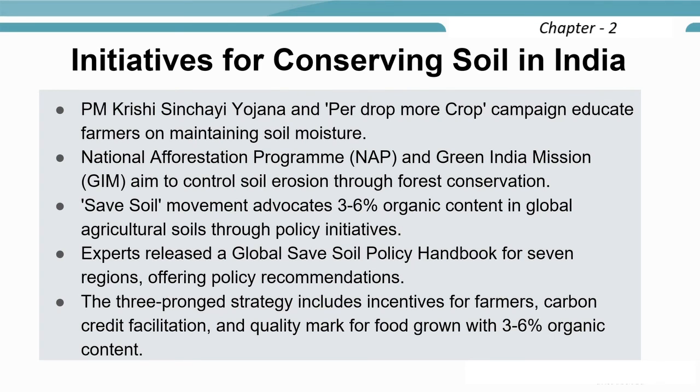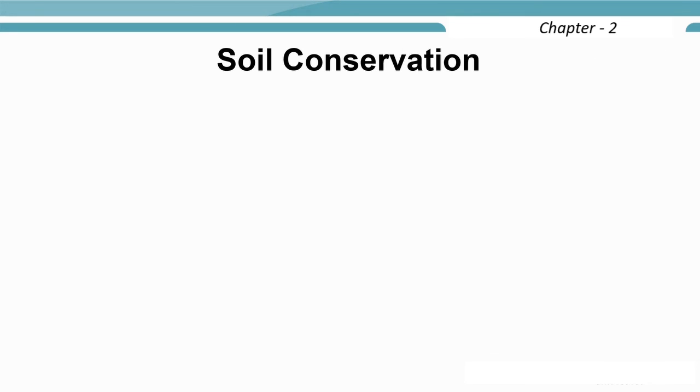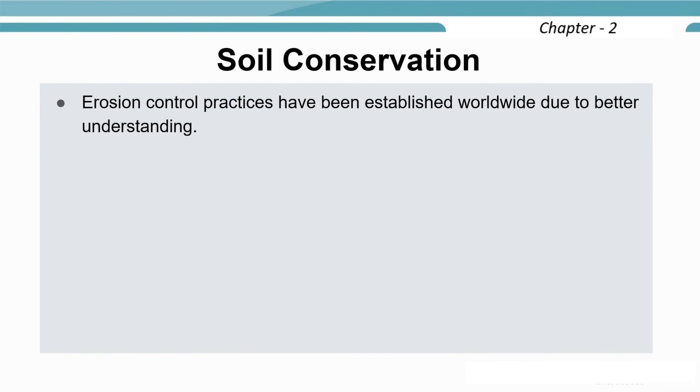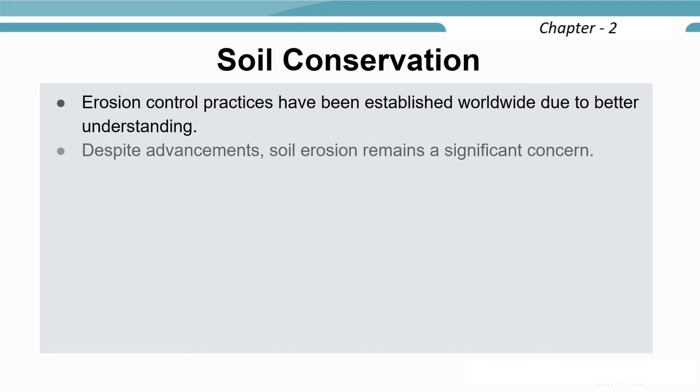Soil conservation. Erosion control practices have been established worldwide due to better understanding, but still we have not been able to achieve desirable results. Despite advancements, erosion still remains a significant concern, and we need to address this concern because it is directly impacting food security.